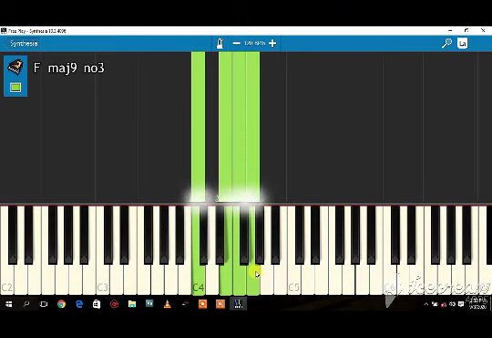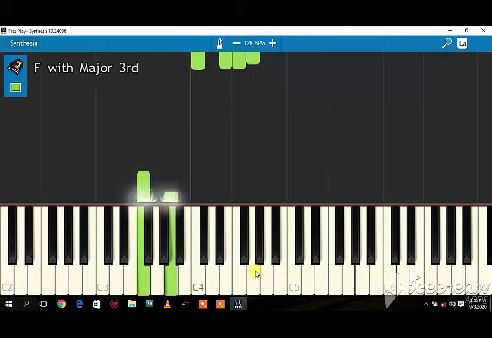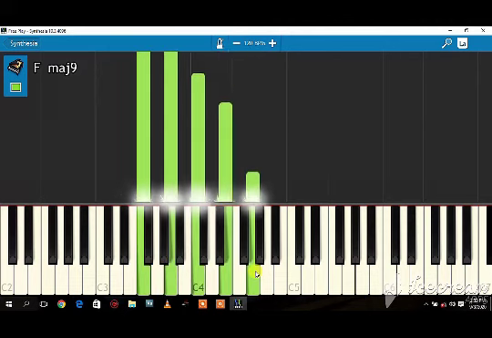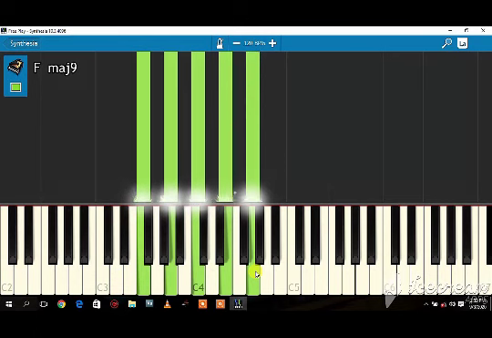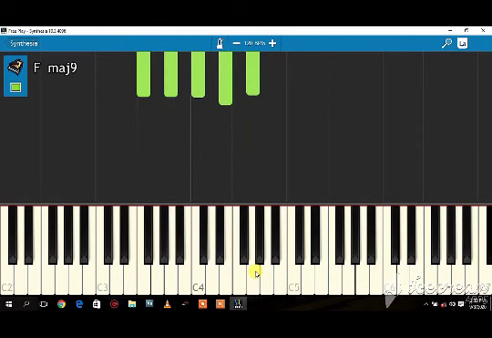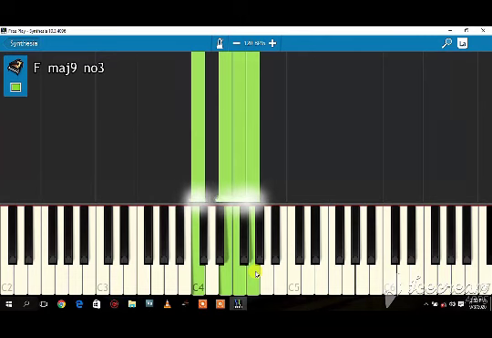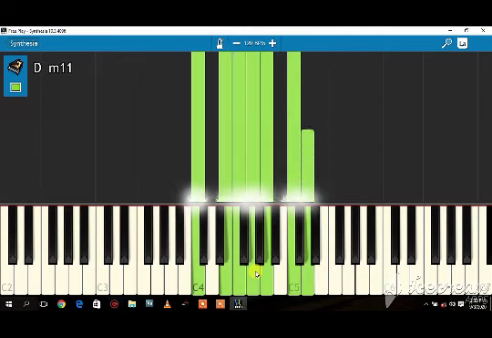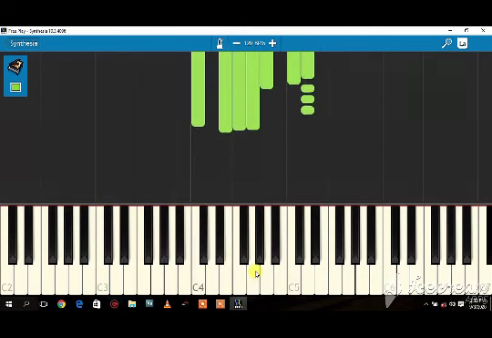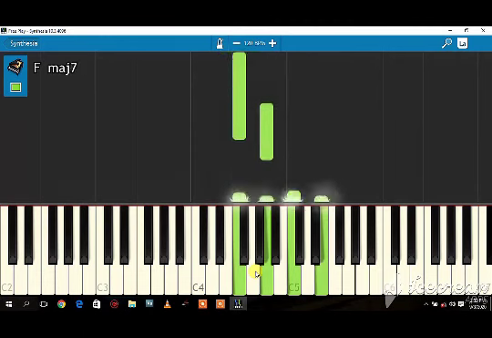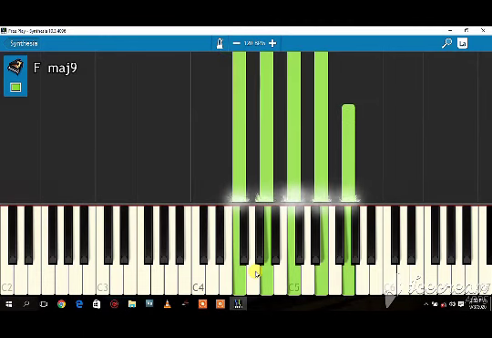It's the same thing as your F major 9 chord, by the way, because the F major 9 chord is this. So this is a 5-note chord, while this is a 4-note chord. What are the notes they share? If you take note of what is happening here, so your F major 9 should be this, is it not?